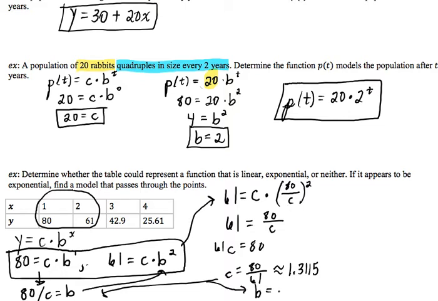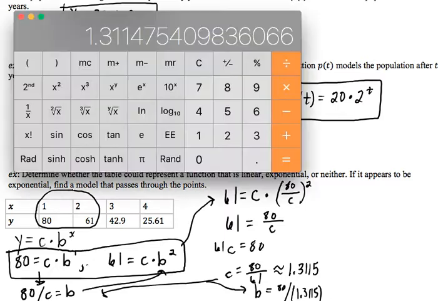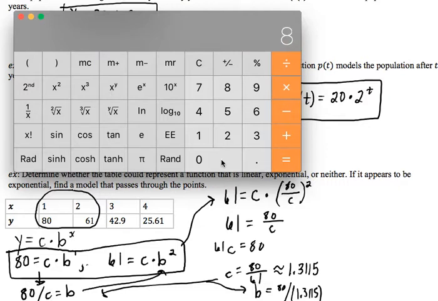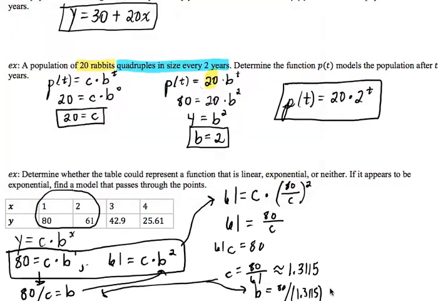So b is 80 divided by c, so 80 divided by 1.3115. Okay, I'm going to put this number in the denominator by hitting 1 over x and then multiply times 80. So we get 61, which I could have done algebraically as well. But anyway, so b is 61.